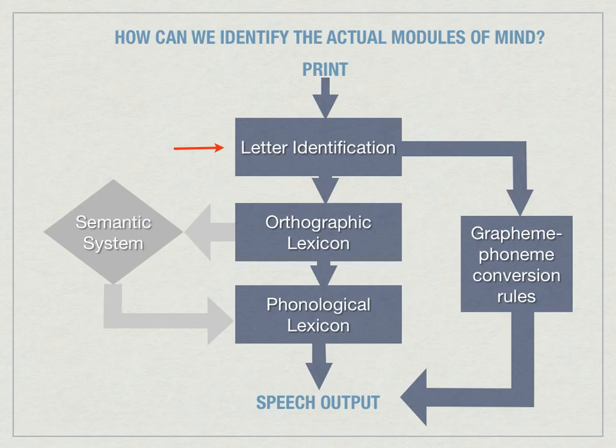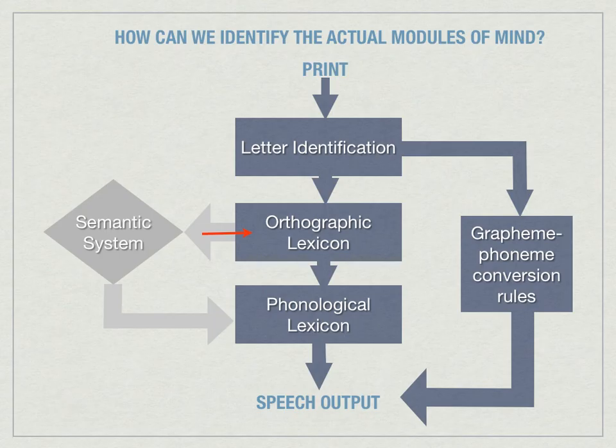From there, letters access an orthographic lexicon, and this is a difficult concept for students to get initially, because we tend to think that a word, if you're looking it up, has to have a meaning, and the word and the meaning are the same thing. But it's not true.